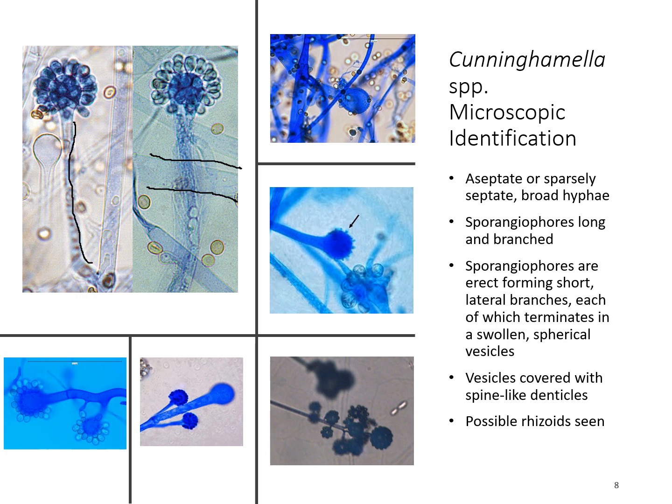The branches tend to be real short, and they come straight off that sporangiophore. Each of those terminates in a swollen vesicle, so you can see down here where that little swollen vesicle comes off the sporangiophore.